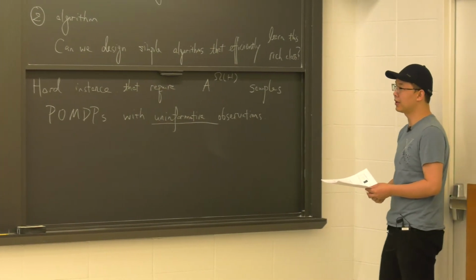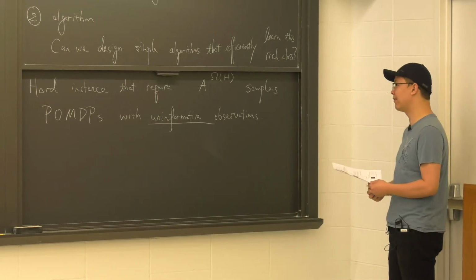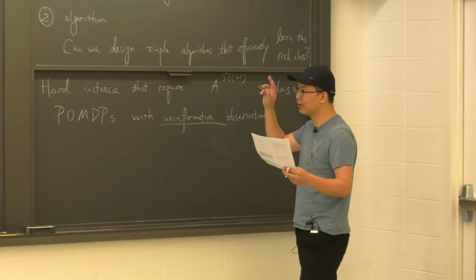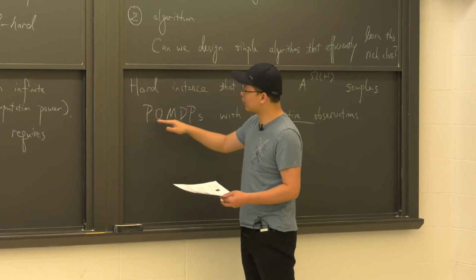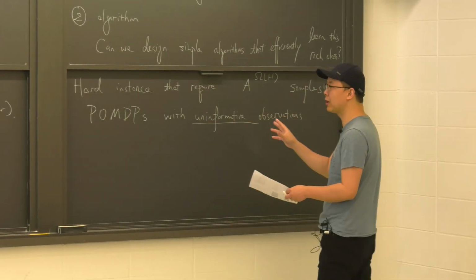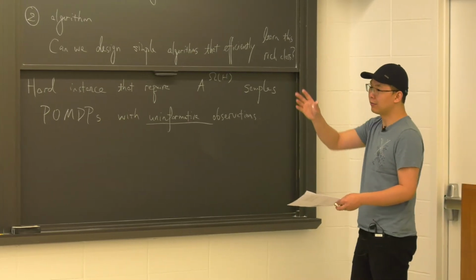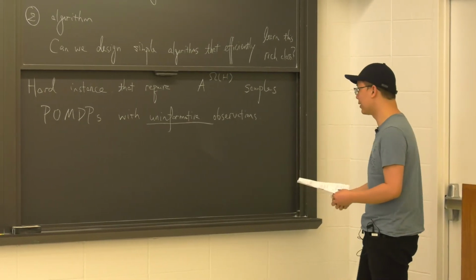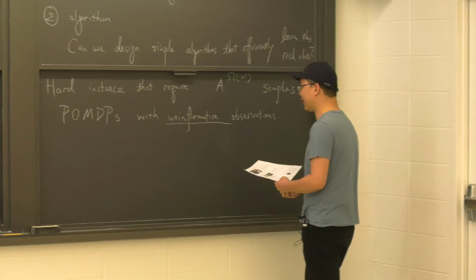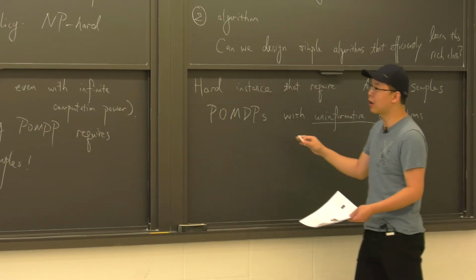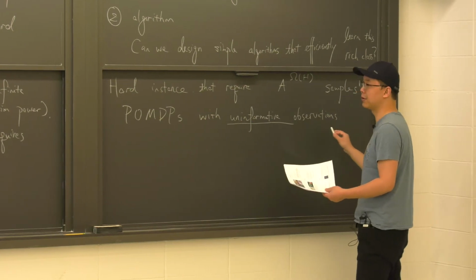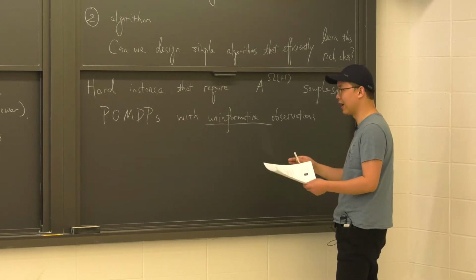When we say partially observable MDP, we encode in the name that the observation reveals some part of the underlying states. But it turns out the hard instance is one where the observation doesn't carry any information about the states. You can think of it as an unobserved scenario.